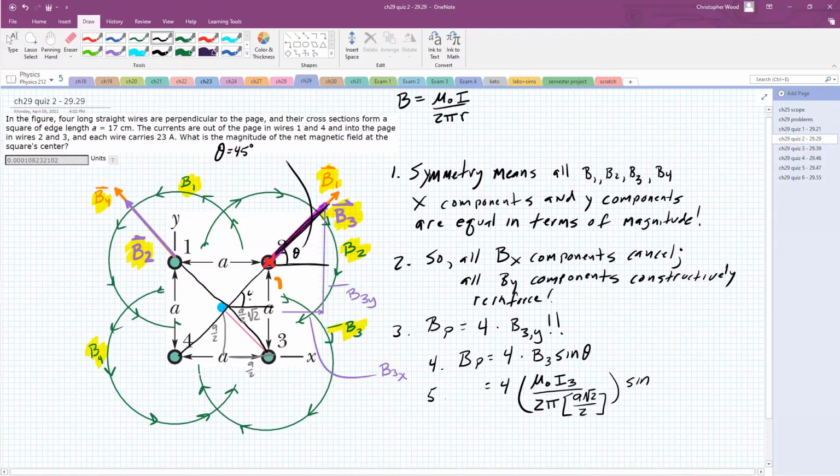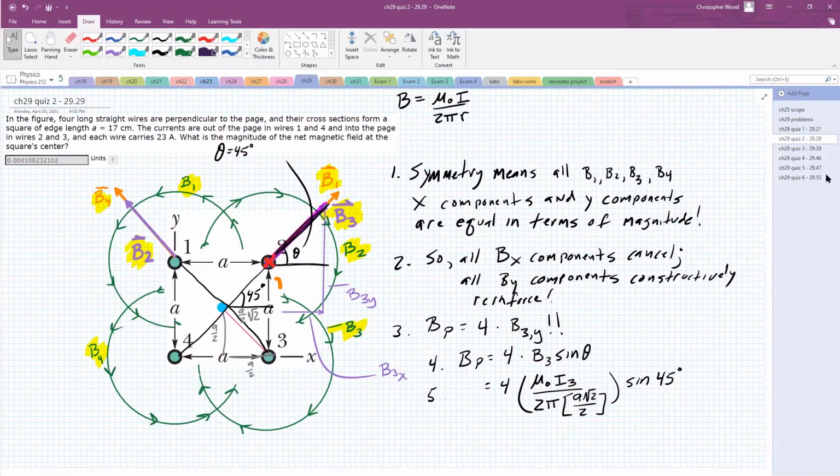Okay, sine of 45 degrees. Let me know if you see any mistakes or have any questions. The great thing about this problem is to look at all the field vectors and field lines you drew and all the right-hand rules and X's and dots. So hopefully this reinforces a lot.